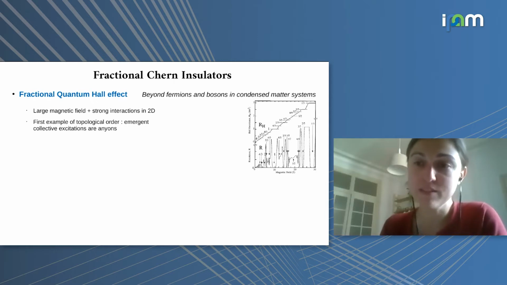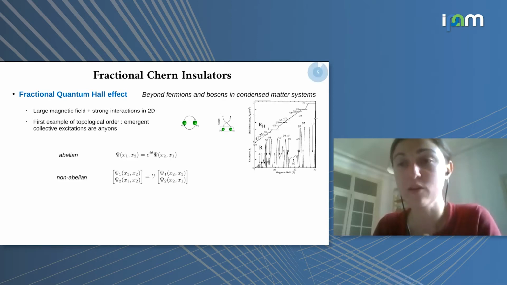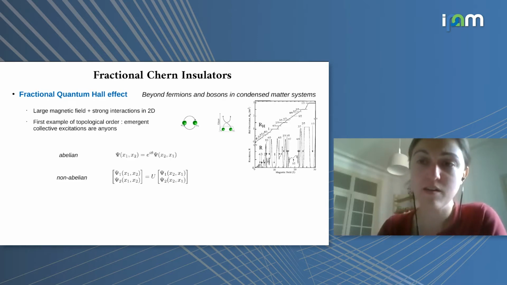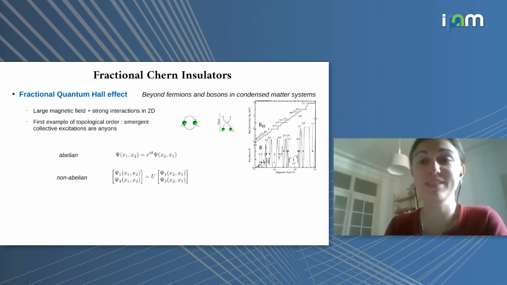And maybe more generally, one of the reasons why we're very interested in this phase is that it's the first experimental example of topological order, meaning a phase of matter whose excitations are anyons. They are particles beyond fermions and bosons. They have a fractional charge, a fraction of the charge of the electron, and also fractional statistics.